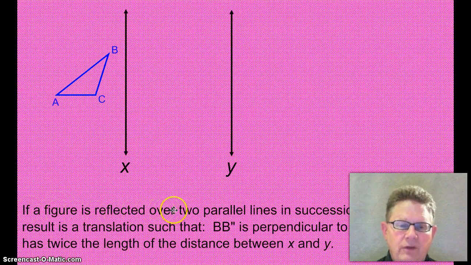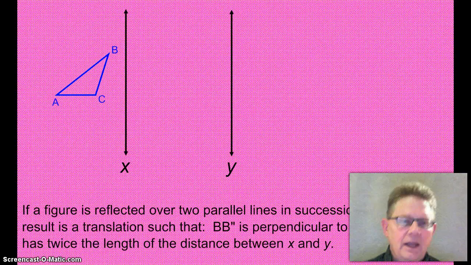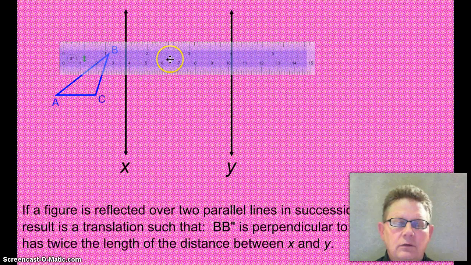If the figure is reflected over two parallel lines in succession, then the result is a translation such that B double prime is perpendicular to X and Y and has twice the length of the distance between X and Y. So why don't we go ahead and find what the distance is between X and Y. We'll do that first.